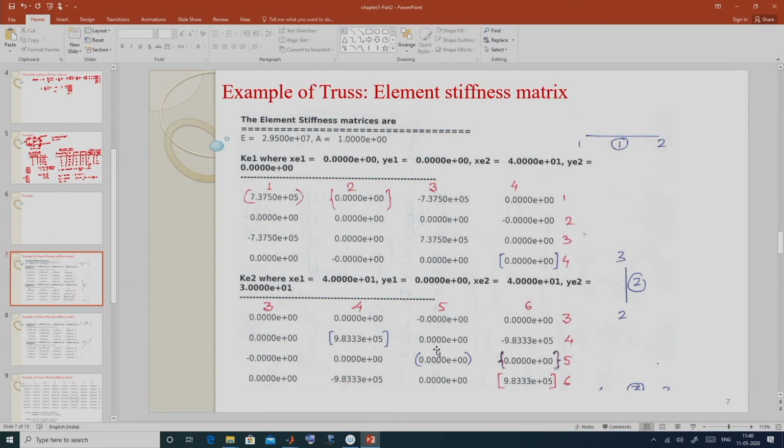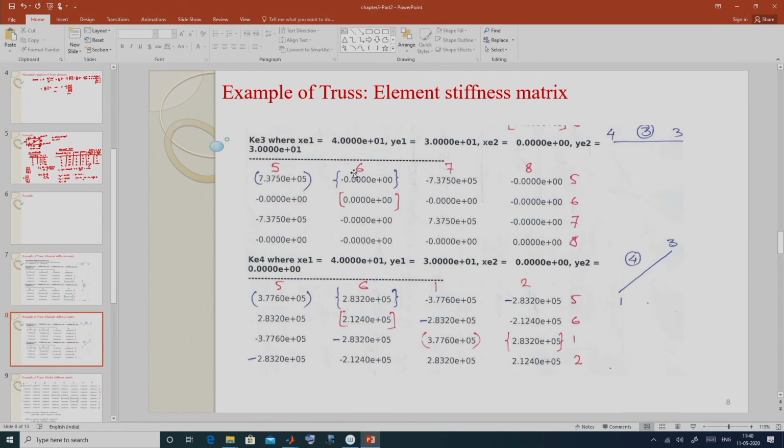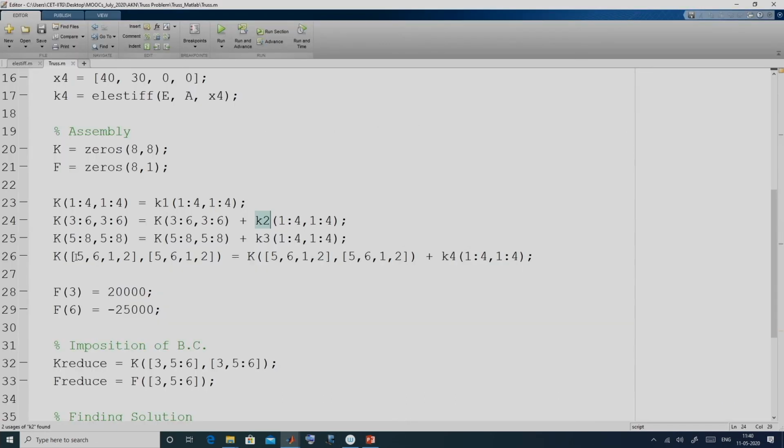For the third element stiffness matrix, it should be added to 5, 6, 7, 8, and the fourth one in the location 5, 6, 1, 2. So, these are the locations of the global stiffness matrix where K4 will be added.